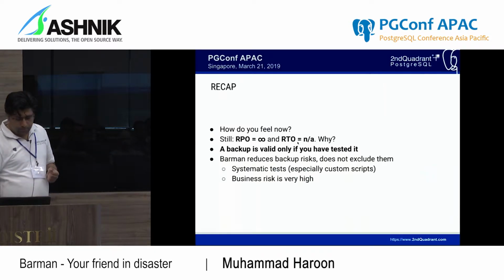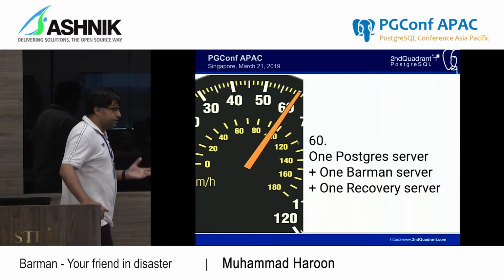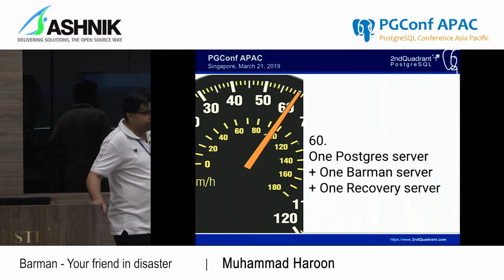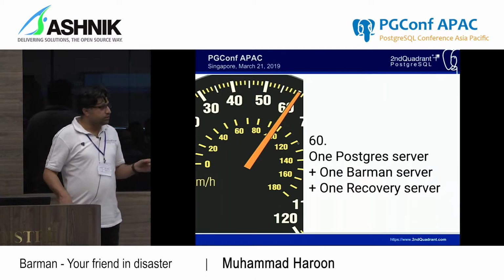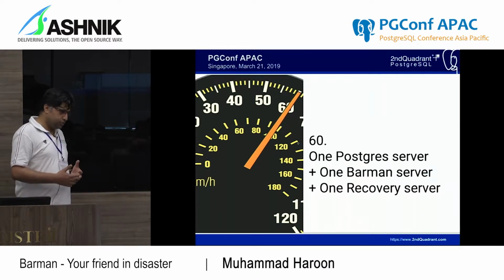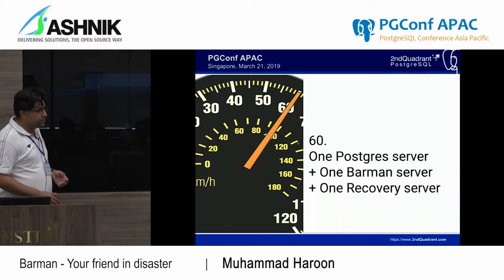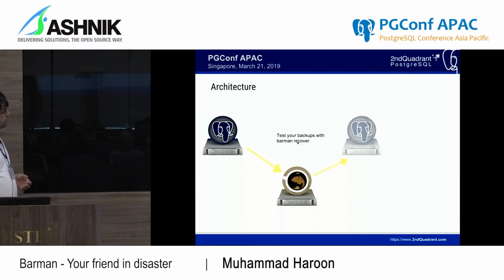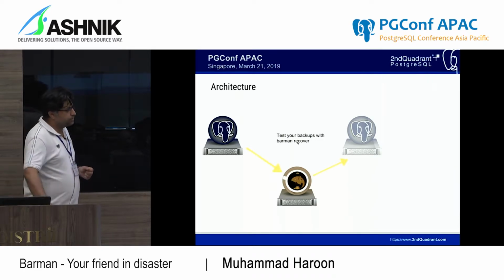Right? So we go a step further and we introduce a recovery server in the picture now, as we did for the logical backups, because for the Barman backups to be of any use to you, you must be able to restore them somewhere, and the only way you would know that is by testing them. So there is a restore server.